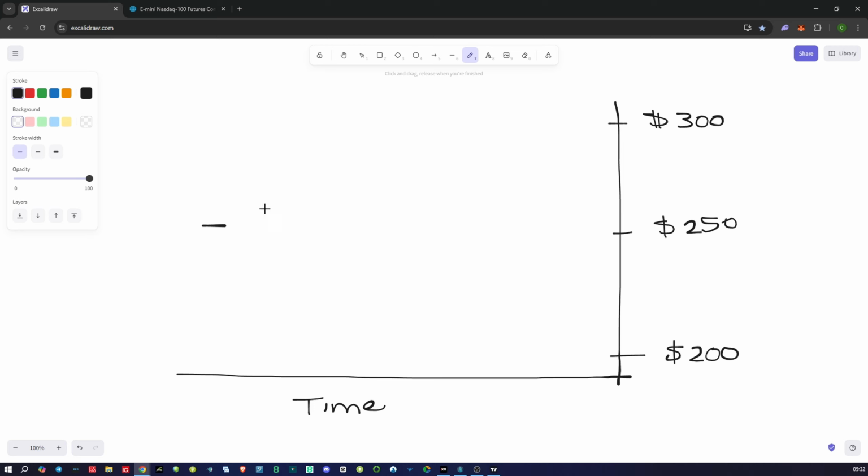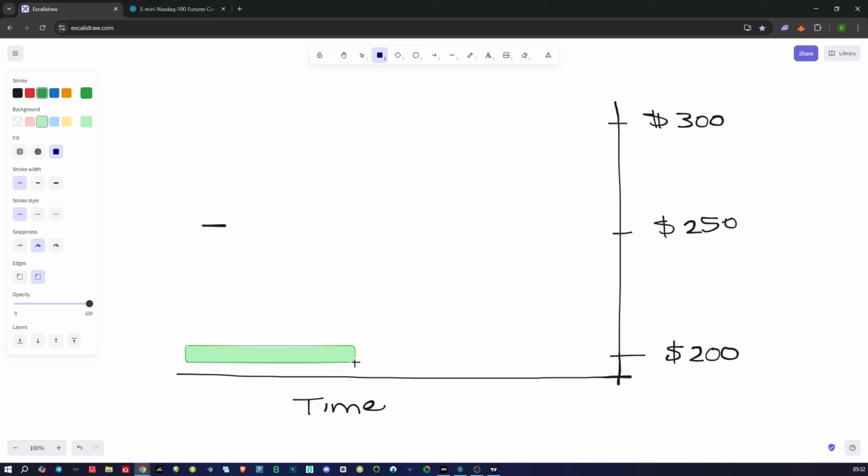Let's say, for example, we get demand for these shoes. I'm going to do this block: we've got demand. Someone wants these shoes at $200. This shows that we have some interest in the market at this price level.